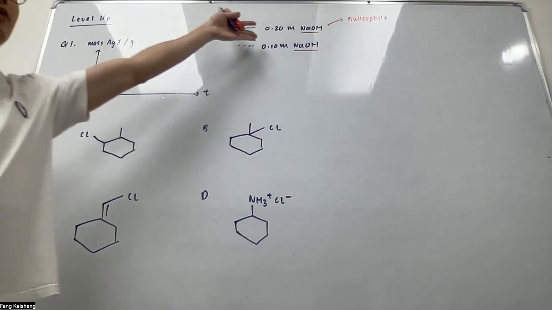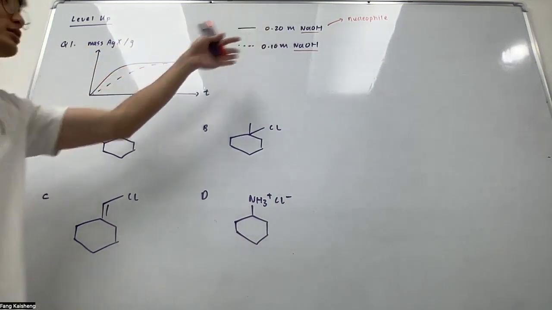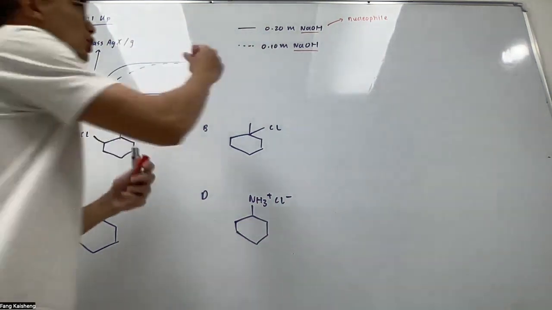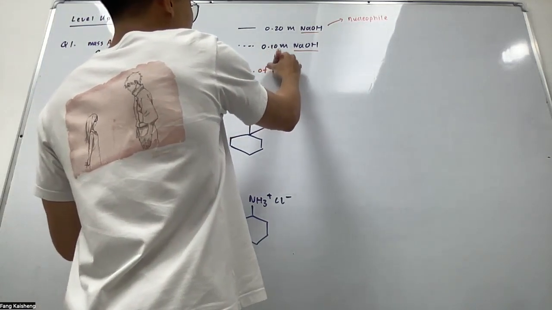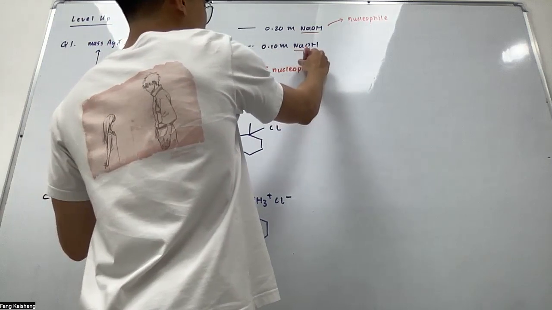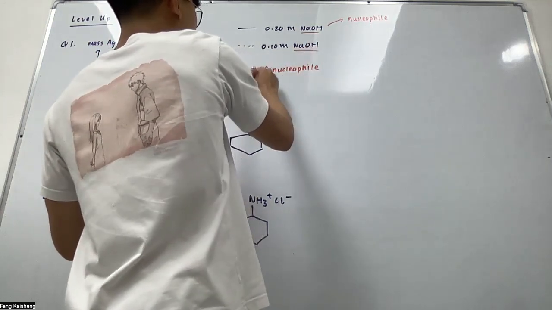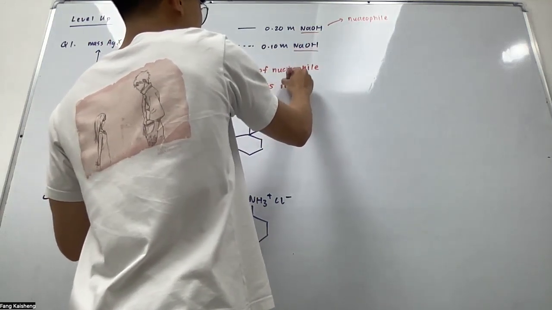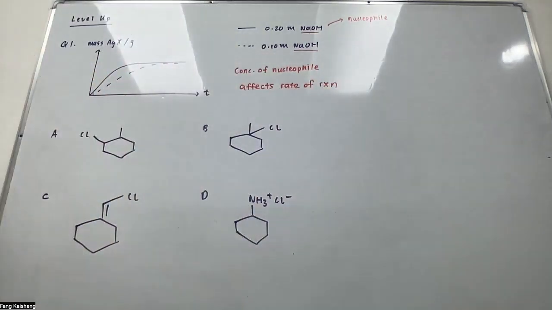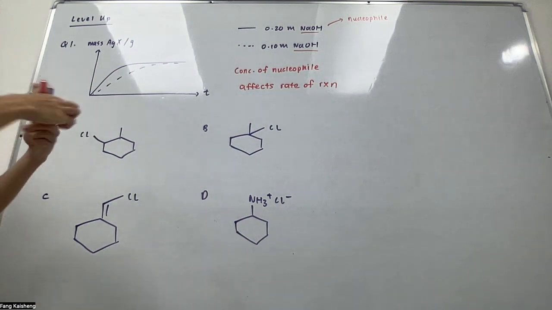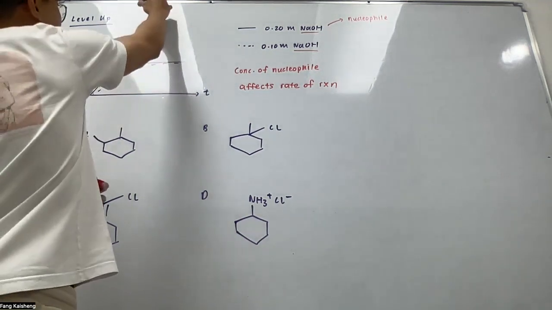And the rate is affected by what in this question? This is your independent variable. You change this and somehow the graph also changes. So the concentration of the nucleophile affects the rate of reaction. Who is faster, the solid line or the dotted line? Go and annotate: the solid line is faster.